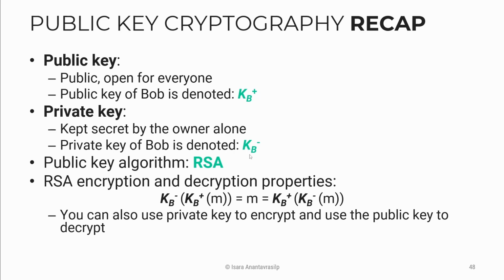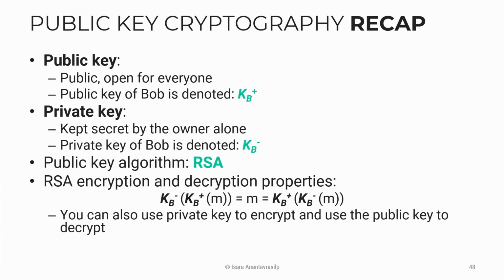The private key of Bob is denoted by KB minus, with the minus sign denoting the private key. The public key algorithm that we're going to discuss today is RSA. It is also the most popular one right now, used in a lot of applications.